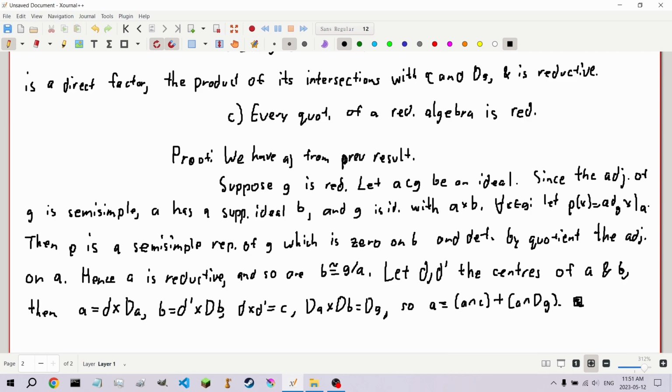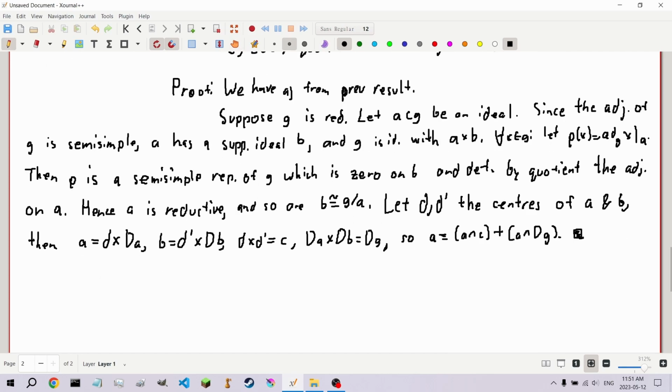Now we've got 2 more steps for today. The first is another proposition. Same setup as always.